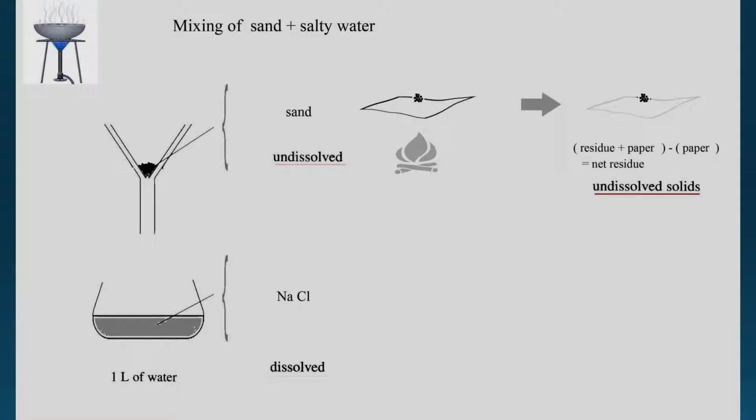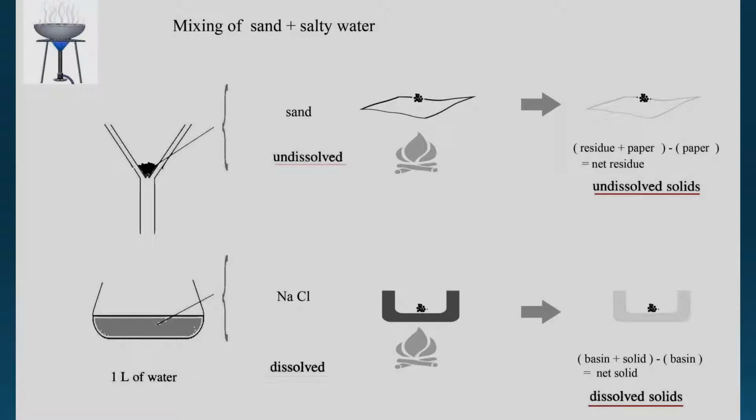You evaporate it dry; the residual plus the paper minus the paper gives you the net undissolved residual. The bottom part, you put into a basin and evaporate dry. The basin plus the solid minus the basin gives you the net solid value. That is the dissolved solid.